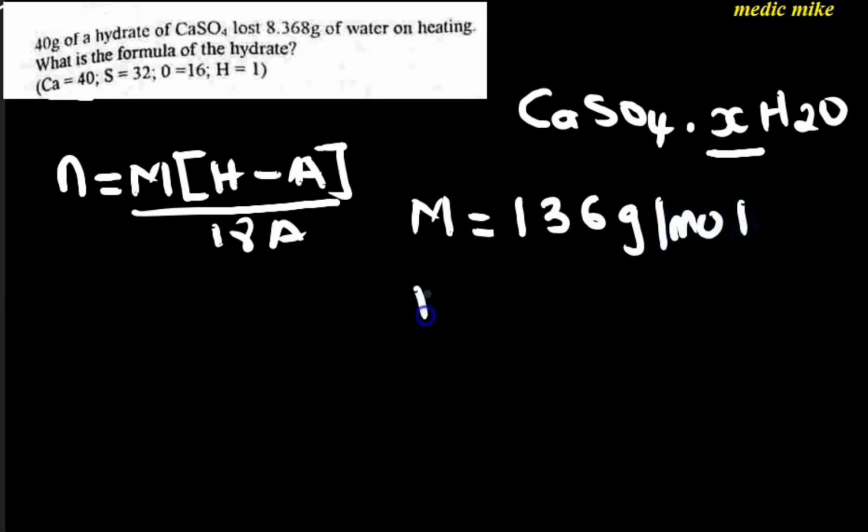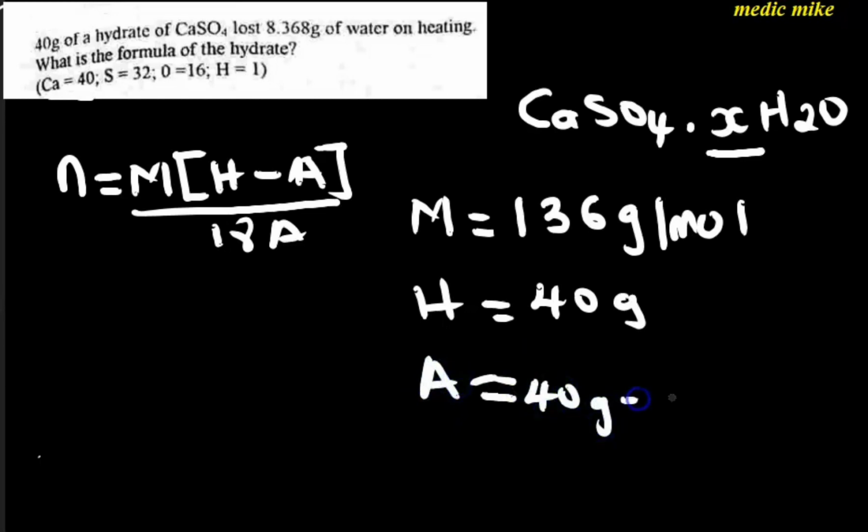Now our H was given to us in the question as our hydrated salt, which is 40 grams, and our A is equal to 40 grams minus 8.368 grams. Now you should understand that at the early stage of this topic, we said that a hydrated salt is a salt that has water of crystallization, while an anhydrous salt is a salt that has lost its water of crystallization.